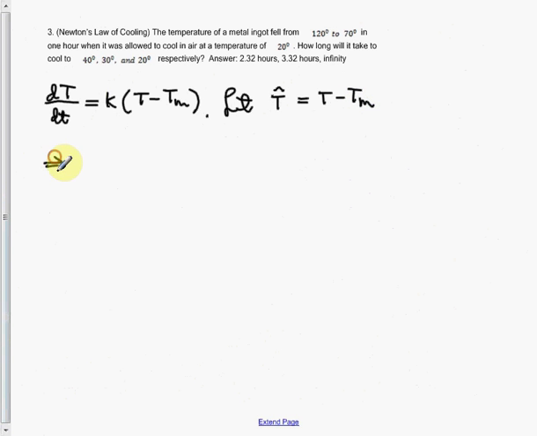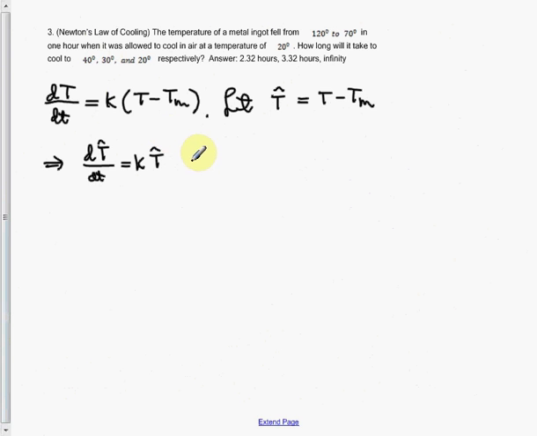This difference of T minus T sub m is still a temperature, and T sub m is going to be a fixed term. Here it says the object was allowed to cool in air at a temperature of 20 degrees, so T sub m is 20 degrees. That's going to be set there. So here I have dT hat over dt is equal to k times T hat.